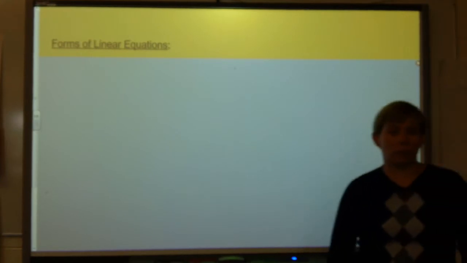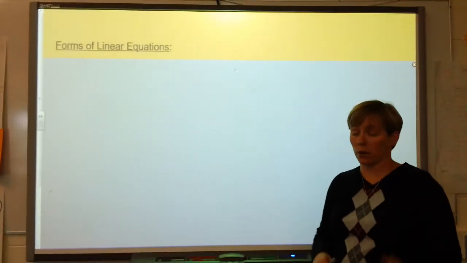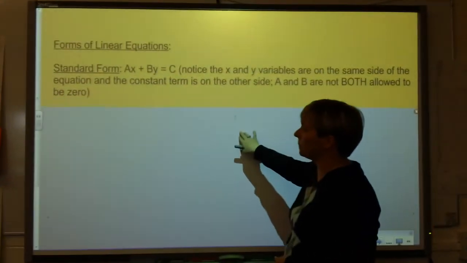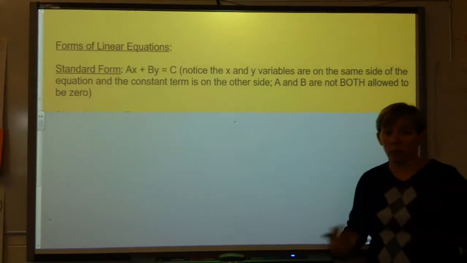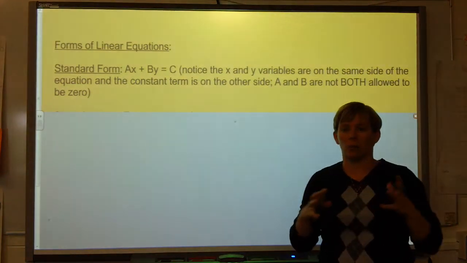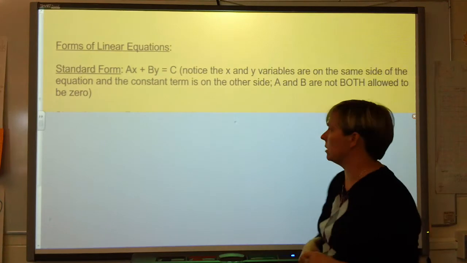We have different forms of linear equations that you might be asked to use or work with or write equations in the form of. The first one is standard form. Standard form is ax plus by equals c. You've worked with these already. Think back to the problems where we were talking about selling seats in a theater or something like that. Those were our standard form equations.